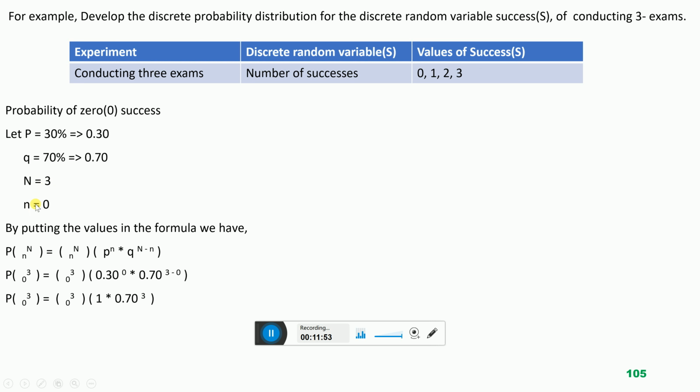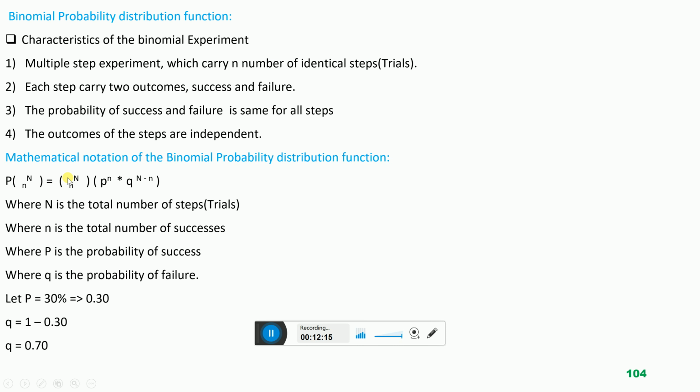And small n represents number of success. So 0 success means the student does not pass even a single exam. So what are the chances that the student will fail all exams, or pass 0 exams? We will just put the values in the discrete binomial probability distribution formula.